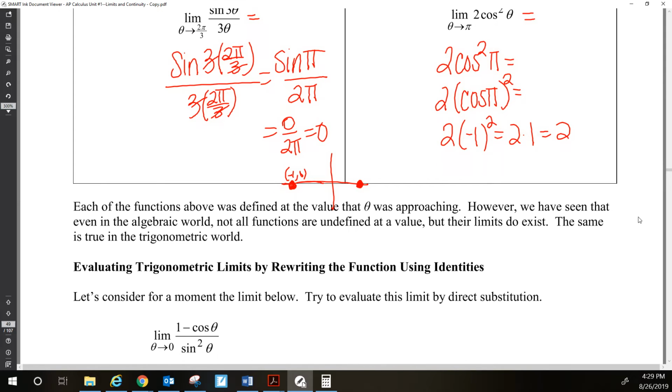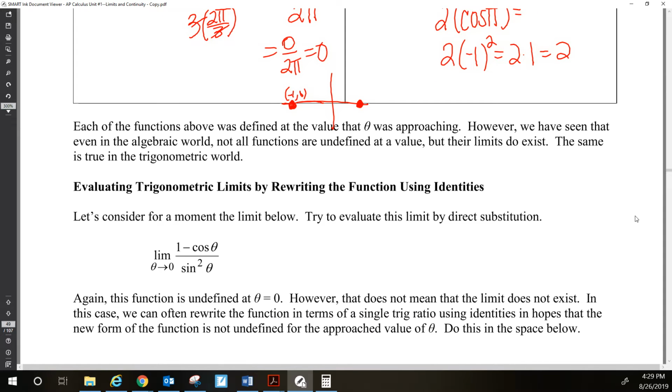So each of these functions that we've talked about so far, we were able to plug in our theta and evaluate it algebraically. However, sometimes this is not the case, even when we're talking about trig functions. So, for example, if we plugged in 0 here, I have 1 minus cosine 0 over sine squared 0.